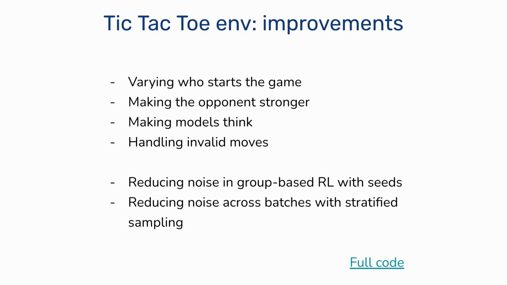So we create an optimal opponent using the minimax algorithm. But also playing always against an optimal opponent is not great for our model, especially if our model is a small one, because against an optimal opponent it would always lose, and so we would not get training signal.